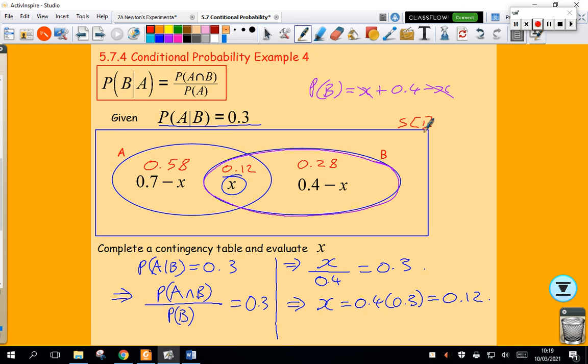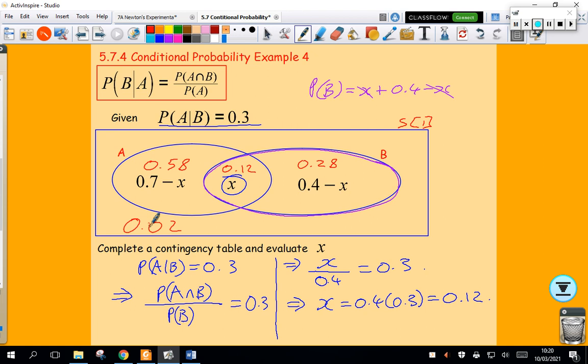So when we add up all these things, we have to get 1. We need to make sure that the outside part is included, the complement of the union. So 0.58 plus 0.12, that's giving me 0.7. Plus 0.28, well that's 0.98. That has to be 0.02, because if I add up all those red numbers, I should get 1.